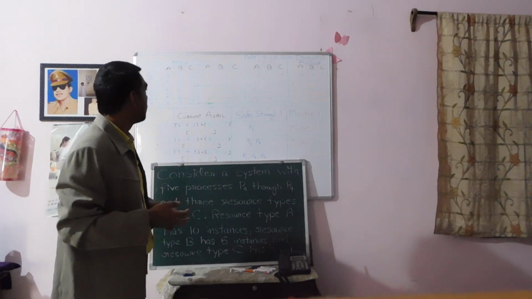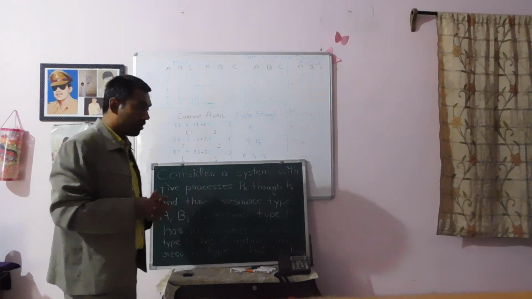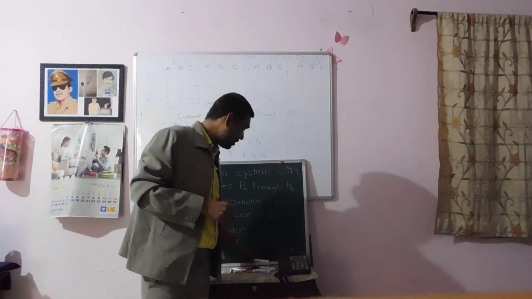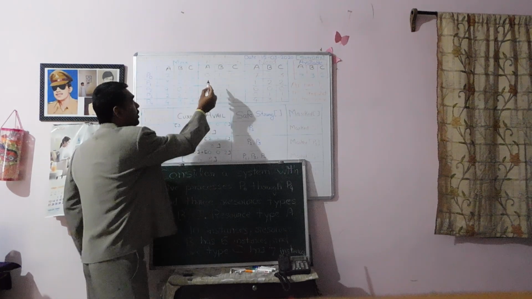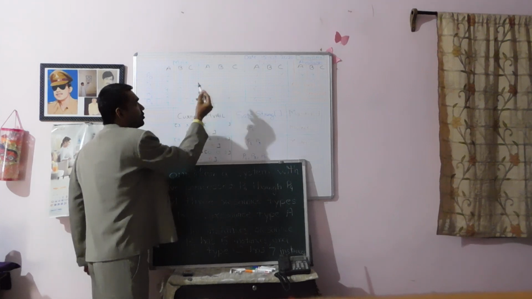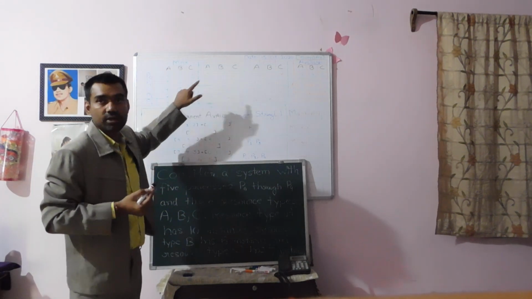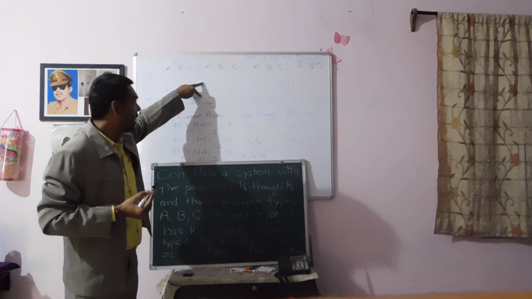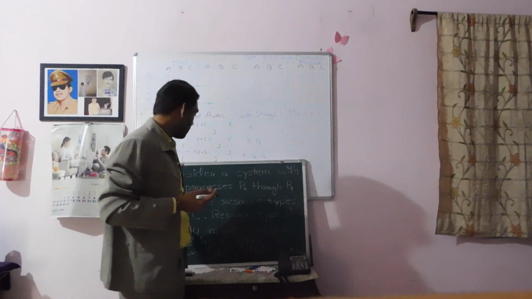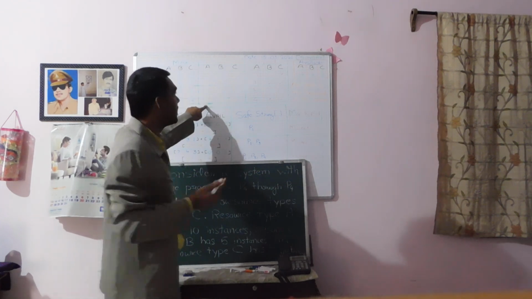If you see what allocation is made of resource type A, we add these values: 2 plus 3 plus 2 gives us 7. And we have 10. So 10 minus 7 gives us 3.